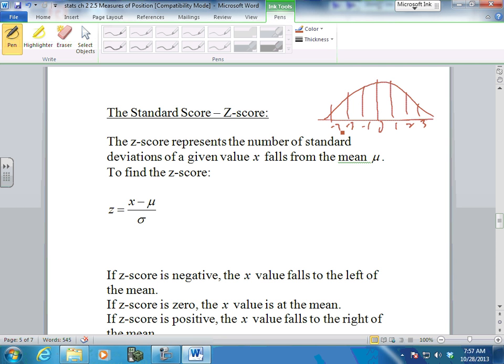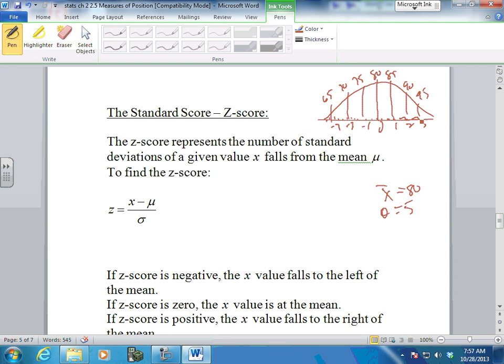Up to now, you can find just those standard deviations when we give you a mean, and we say the mean is 80, and the standard deviation is 5. For 80, 85, 90, 95, 75, 70, 65. You can only give me those. So we have a little formula that allows you to find any score anywhere on this curve.